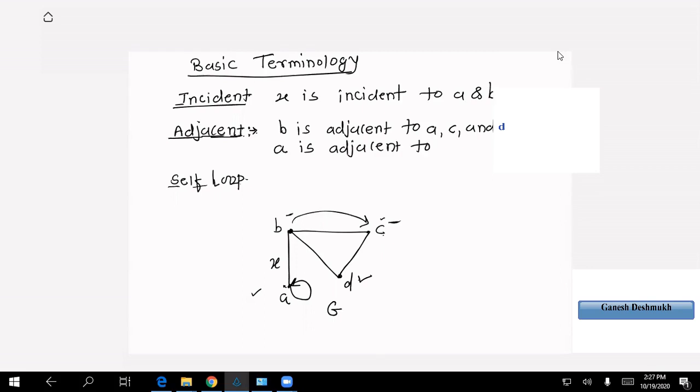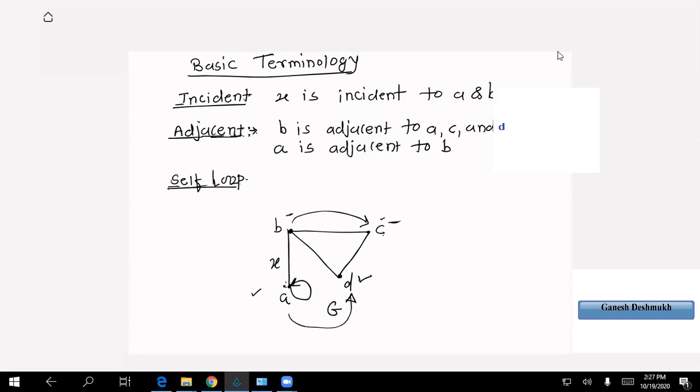There is an edge connecting vertices A and B, so I can say A is adjacent to B. I cannot say A is adjacent to vertex D, as there does not exist an edge connecting the vertices A and D.